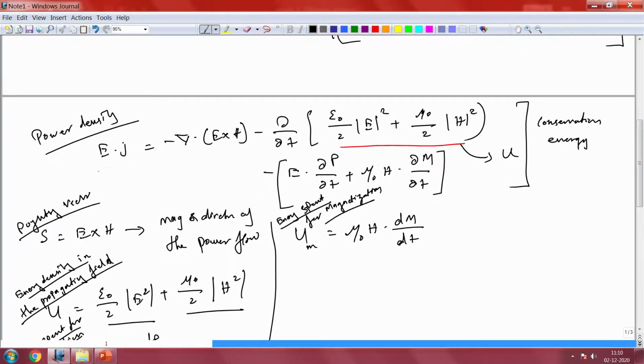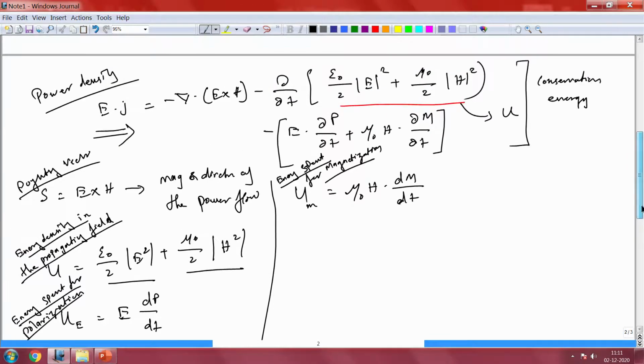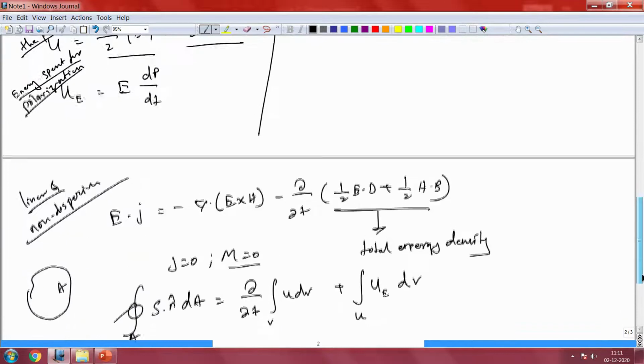So this is more or less a comprehensive general representation, based on whether you have magnetization or not, what is the degree of polarization and so on. You should be able to find out the energy in the system. All right.